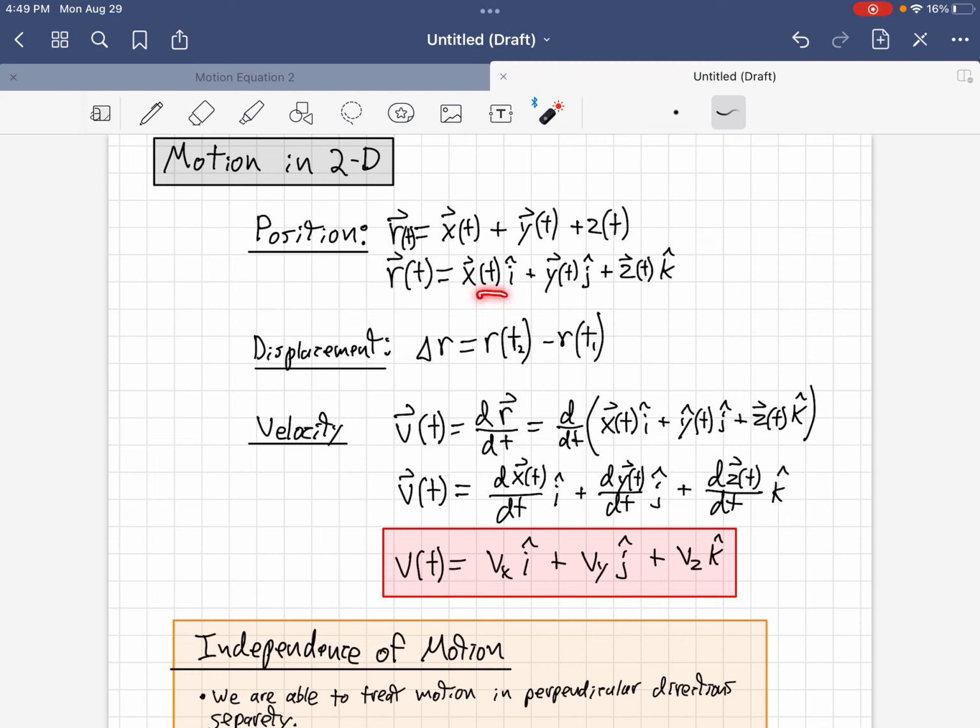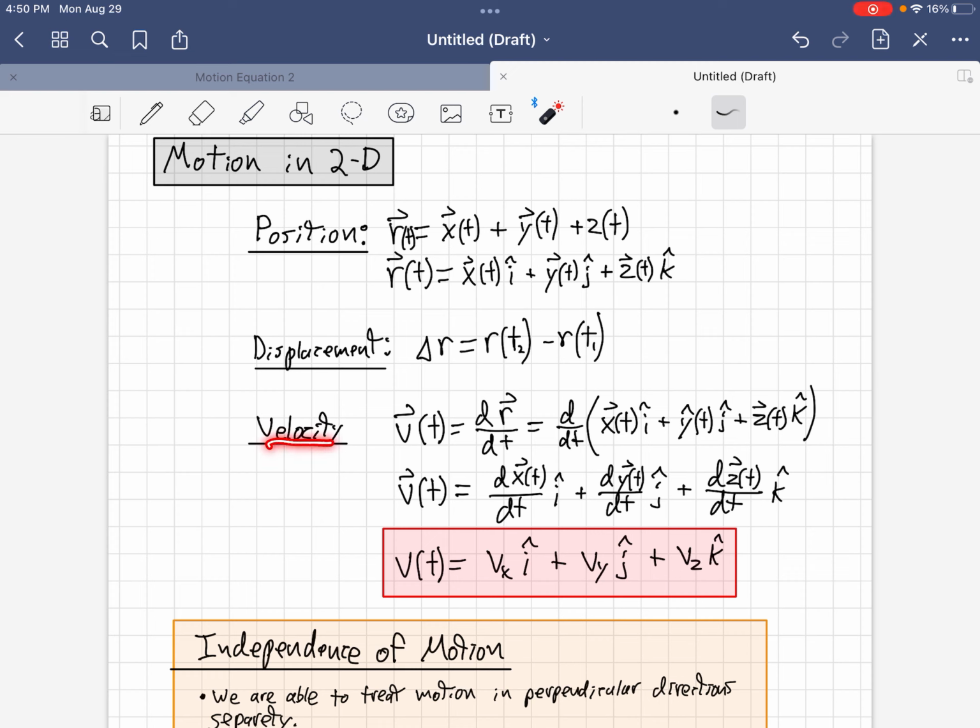And we have t in parentheses here because x, y, and z are going to be functions of time, right? They can change with time. And displacement is the change in your position. So your position at time 2 minus your position at time 1 would be an example of delta r there.